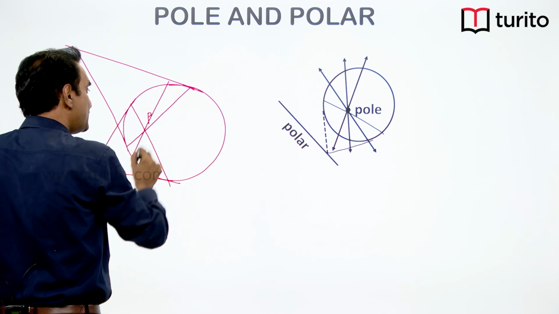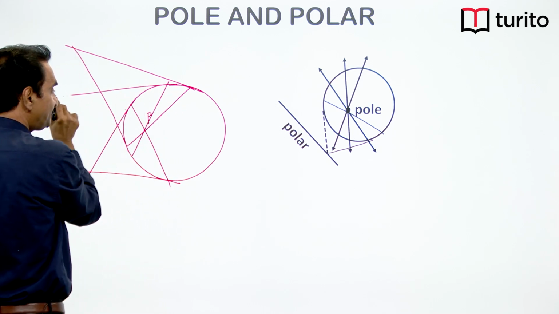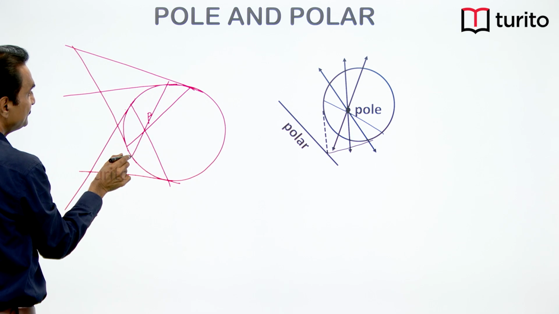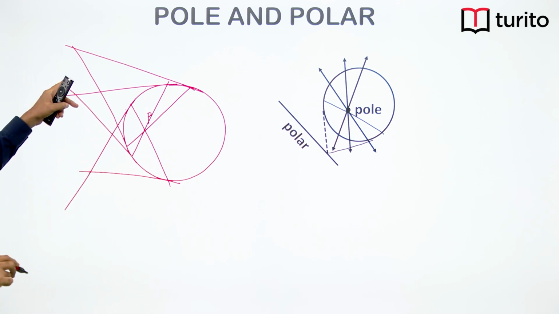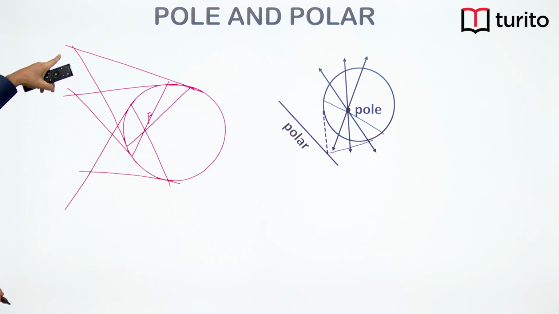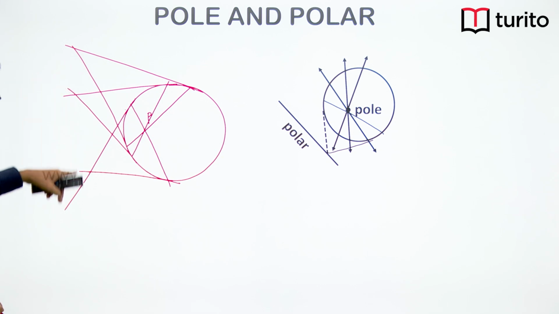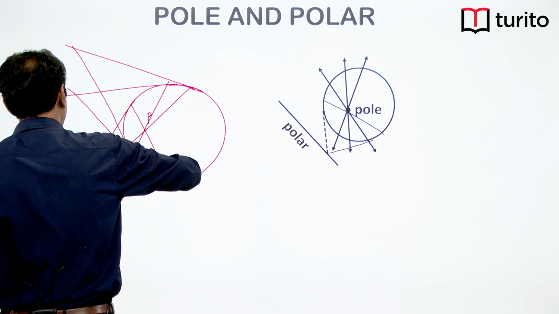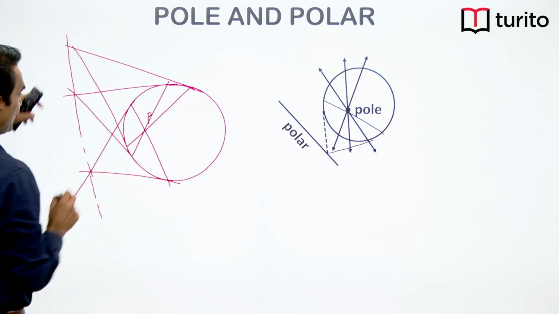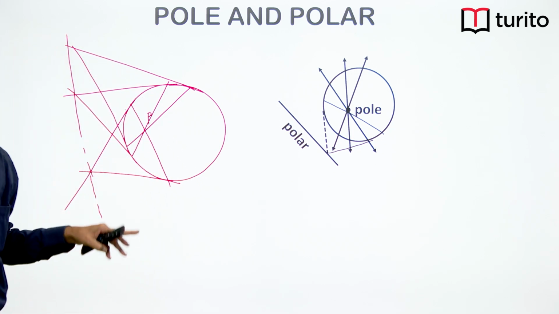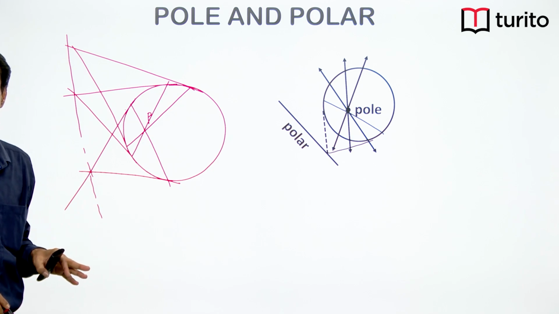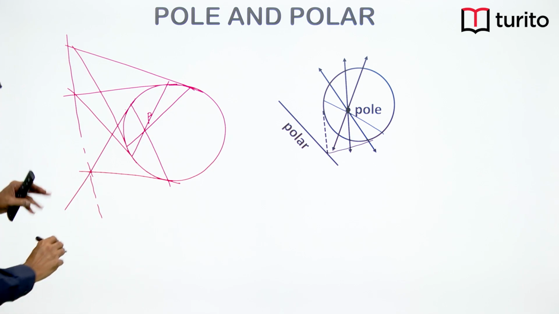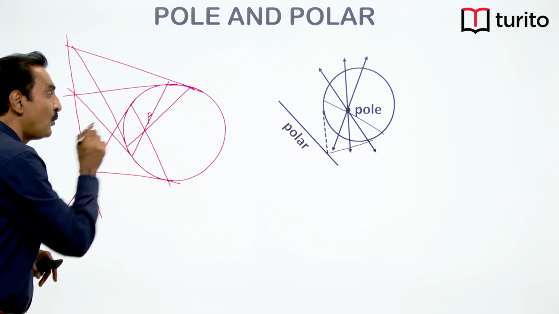Again for this chord, tangents intersect at some point. Now all these points of intersection will be collinear. So we can define the polar from the pole.